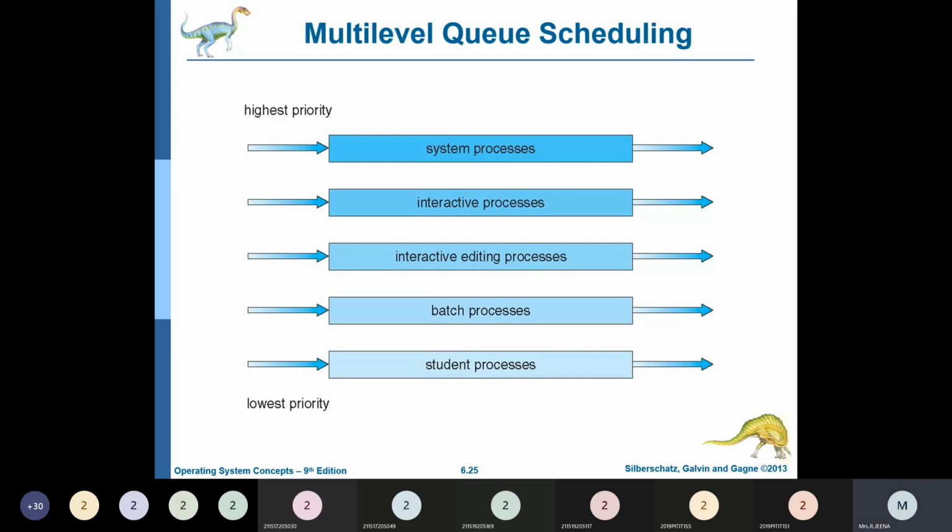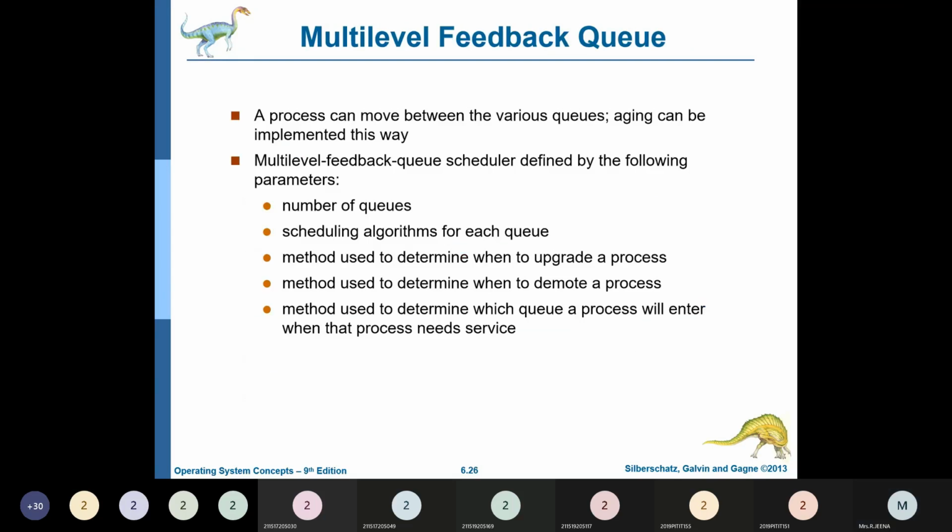First priority is given to system processes, then interactive processes, interactive editing processes, batch processes, then at last the lowest priority is given to student processes. As I've already said, system processes can independently follow some scheduling algorithm, and the others can follow another algorithm, like that.